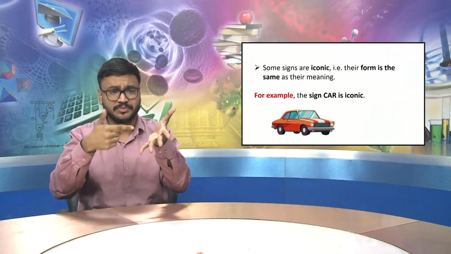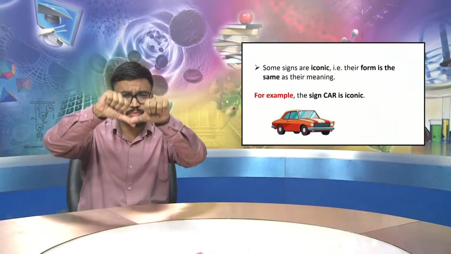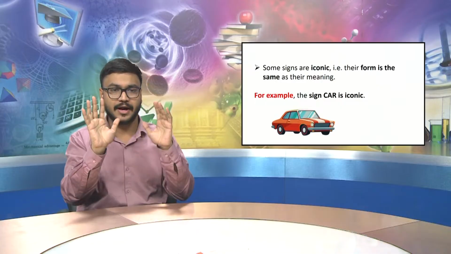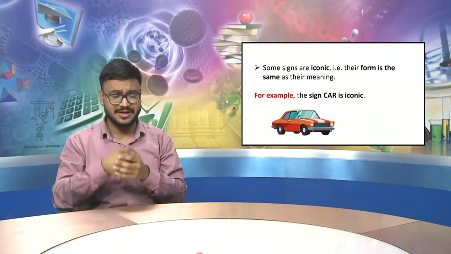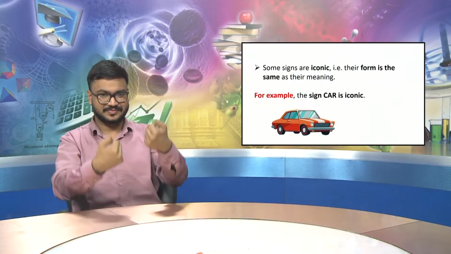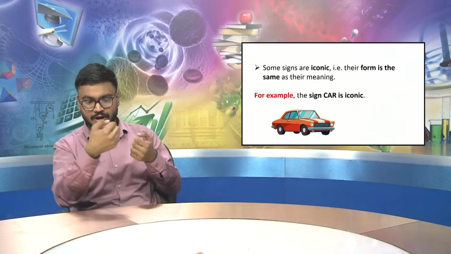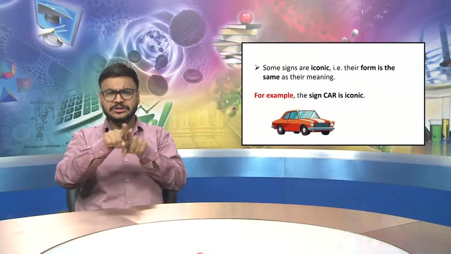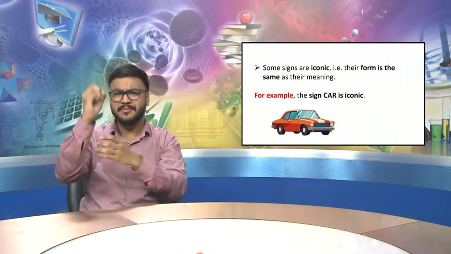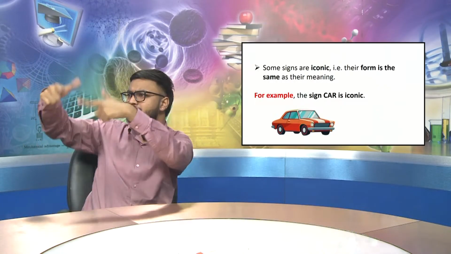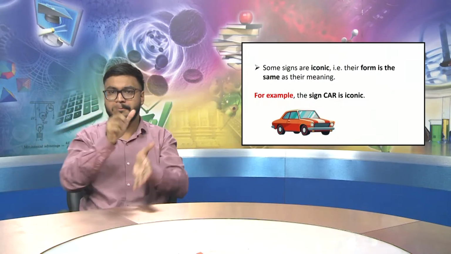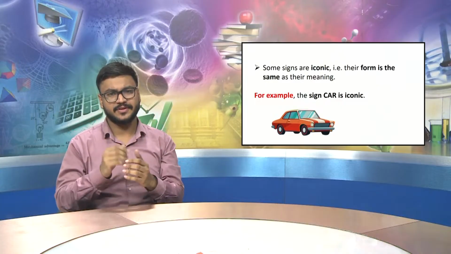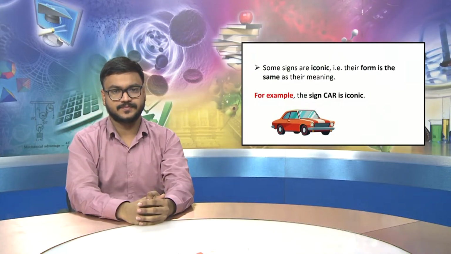Some signs are iconic, that is, their form is same as their meaning. Example, we can use the sign of car. And other example, we can also choose tree. There are many words which come in iconic signs.